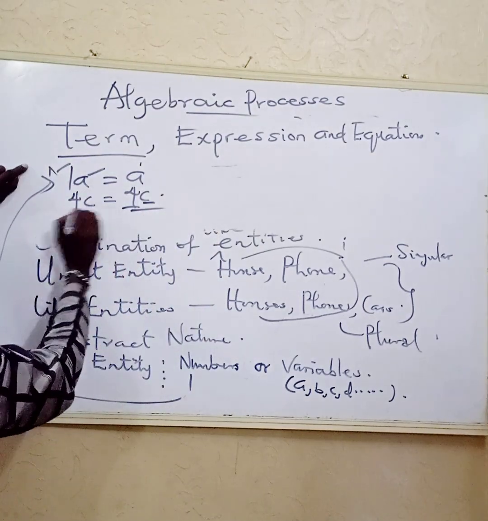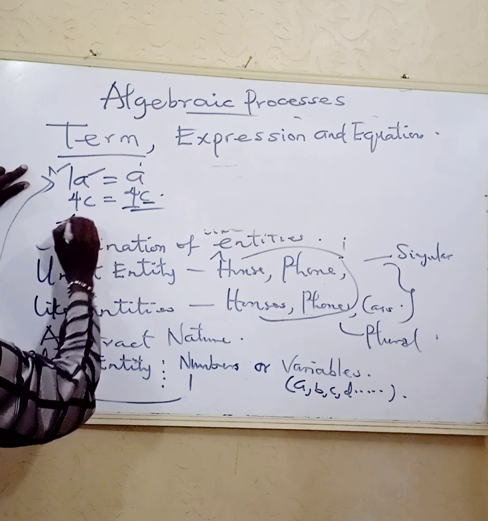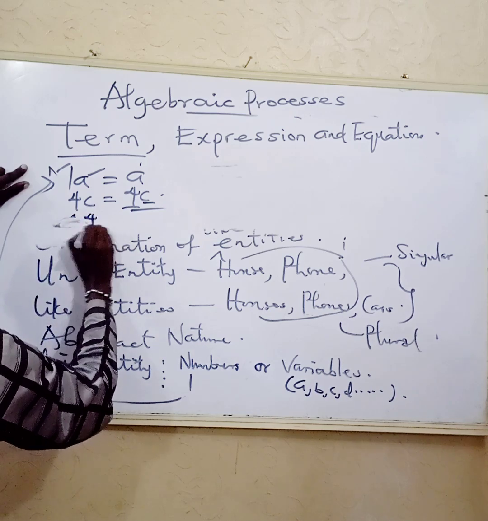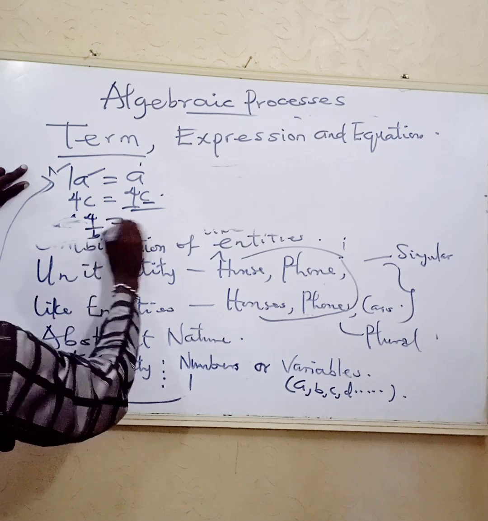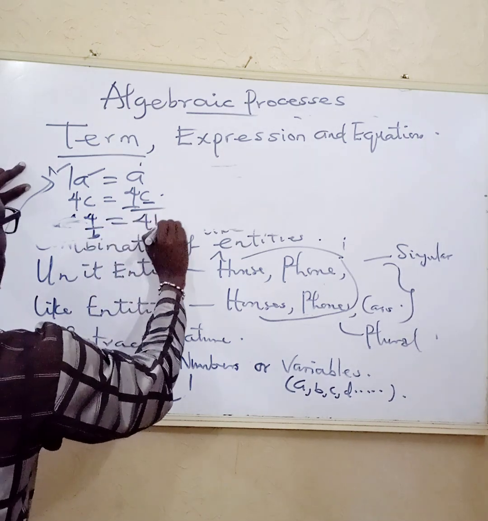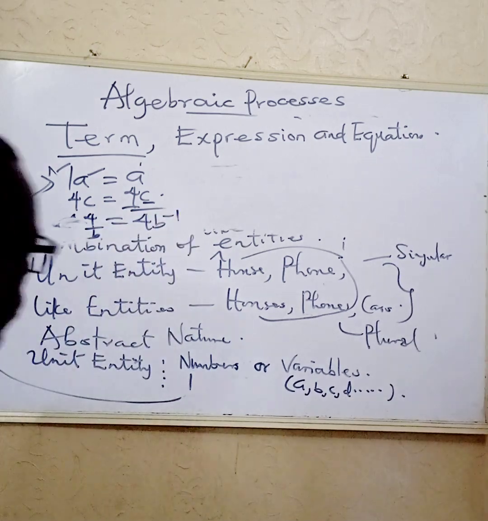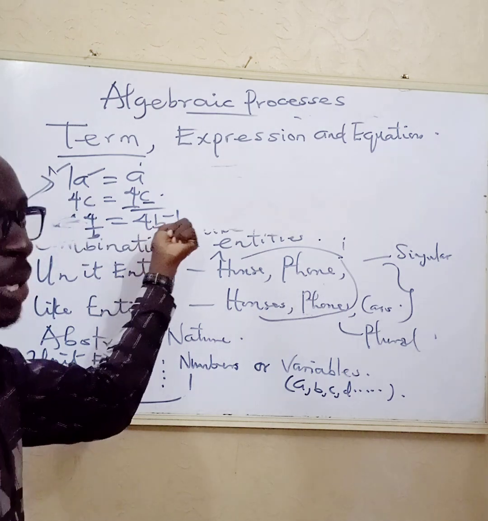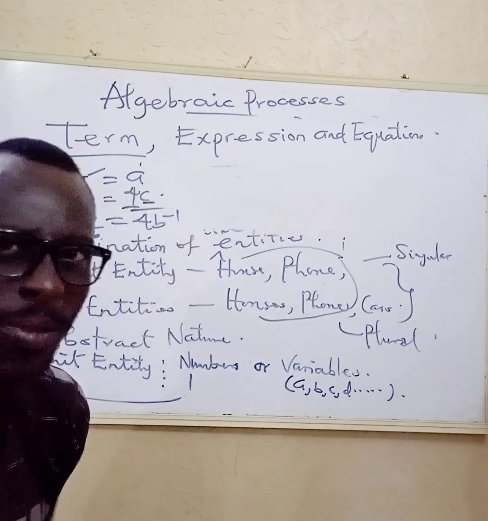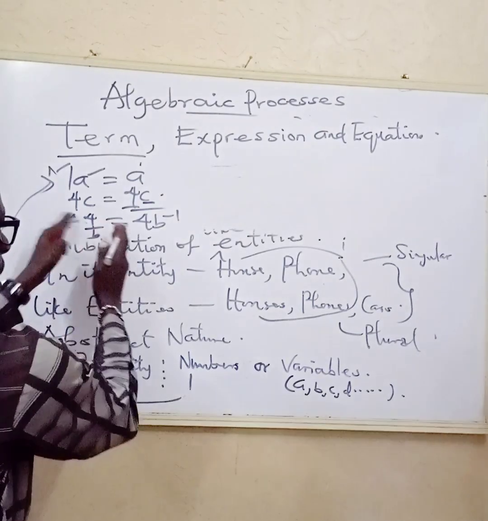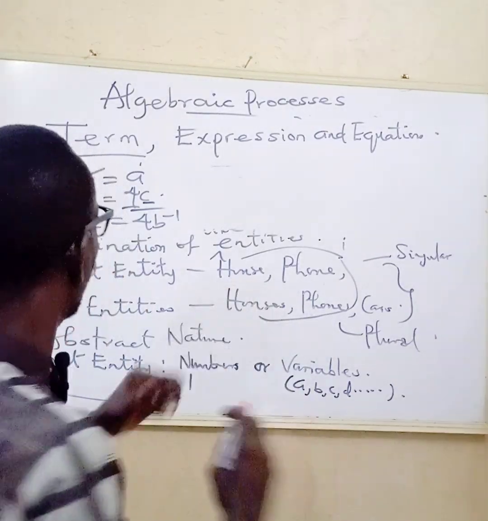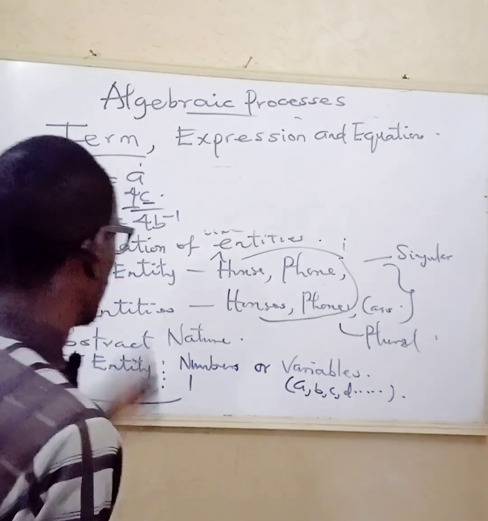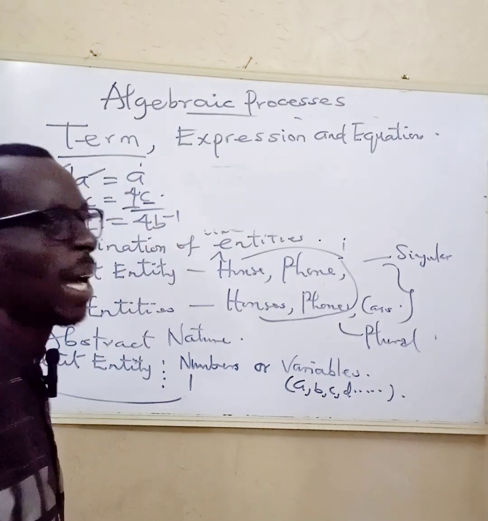This is exactly what you're talking about. We have 4C. Let's assume we have 4 all over B, which is the same thing as 4B raised to the power minus 1. It is still under the operator multiplication. Even if you have used division as the basic operator, it can be transformed into the mathematical operator, which is multiplication, which makes it a term.